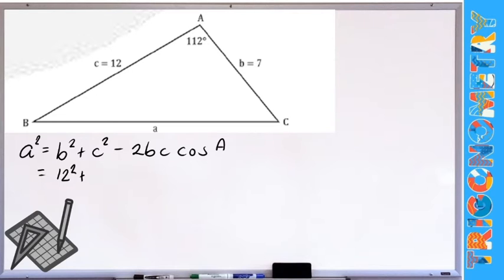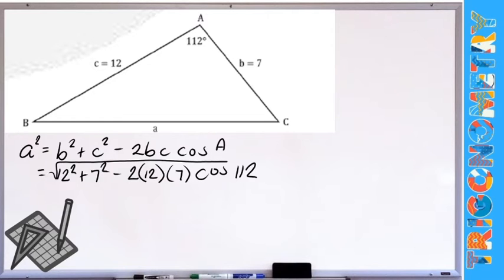So, 12 squared plus 7 squared minus 2 times 12 times 7 times cosine 112. So, using your calculator, get the answer, then square root. And the answer is 16. So, you get the round off of that part.